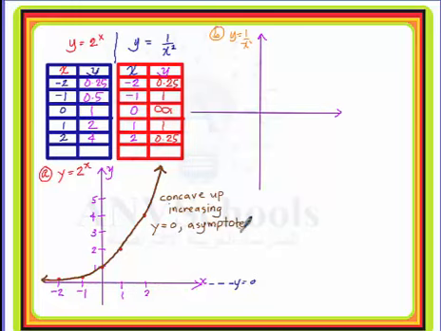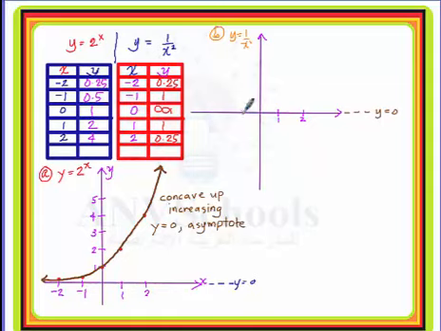Okay, now we go to the next function, y equals 1 over x squared. Notice that it has an asymptote at the x-axis also. So this is the asymptote. Y is equal to 0. So let me label this graph here. So this is 1, 2.